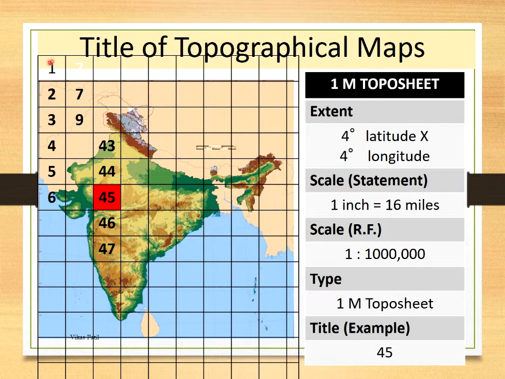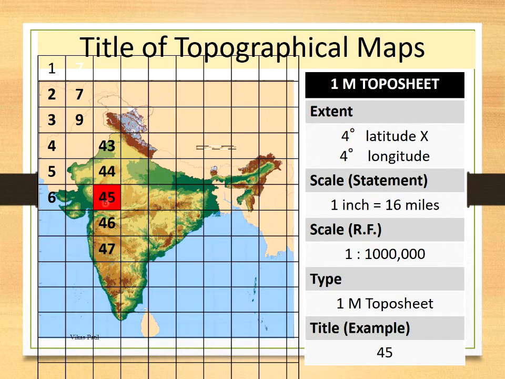The scale used for each of these maps is 1 inch equals 16 miles. The representative fraction is that every 1 unit on the map represents 1 million units on the ground. That's the reason why it's called the 1 million topo sheet. One topo sheet represents 1 million.